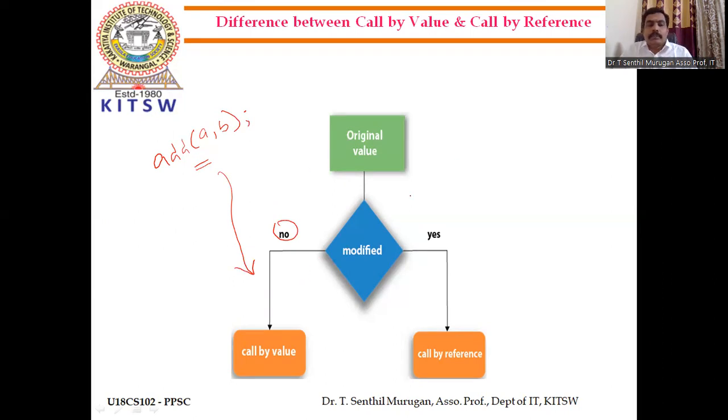Instead of values, if I pass the addresses, like &a, &b, the address of the particular variables, then the original values can be modified. So that is considered call by reference.